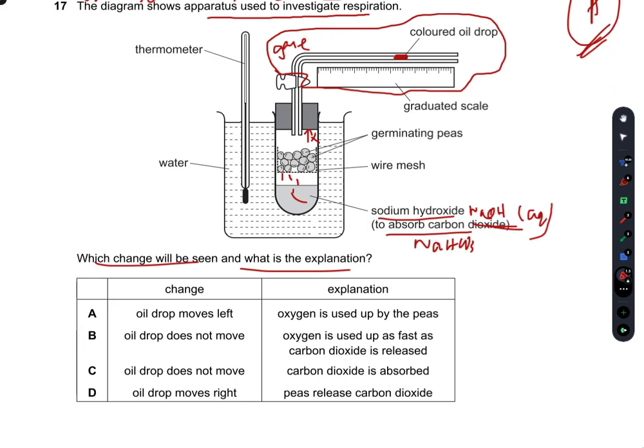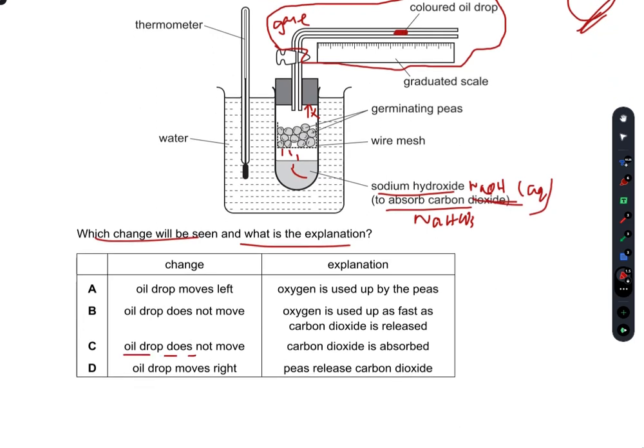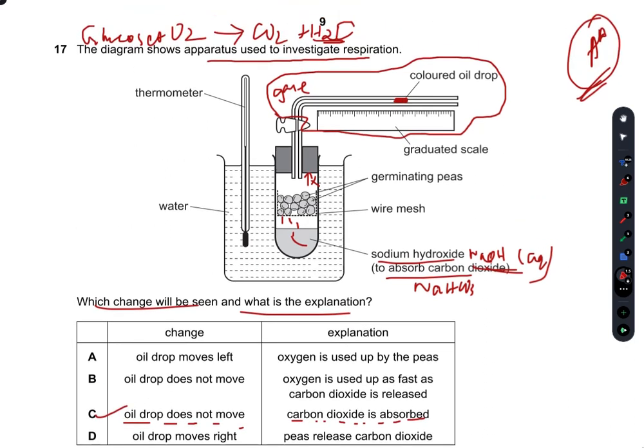Now some of you might choose that the oil drop does not move because carbon dioxide is absorbed. Some of you might choose this as the right answer, but it is not. Why is this not? Because CO2 and H2O are not being emitted as gases, but oxygen is used in respiration.